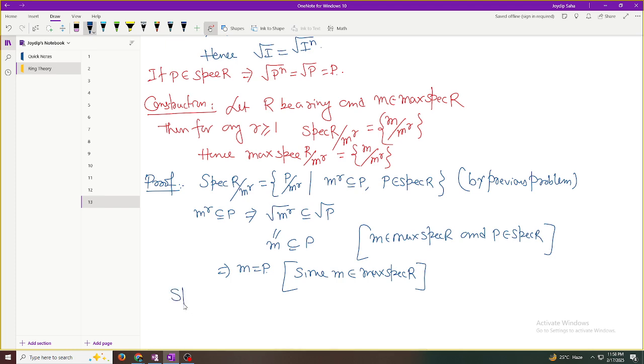Therefore the spectrum of R mod M to the power r is exactly that, M equals P, so M mod M to the power r.